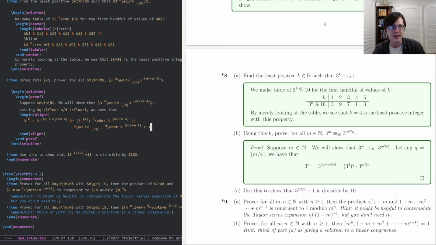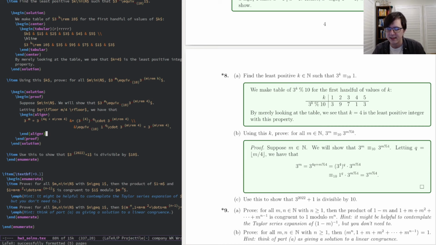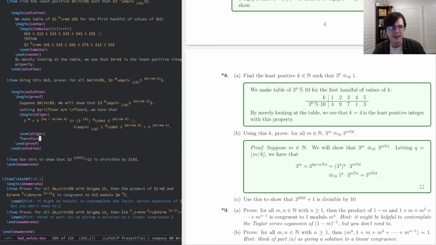And that is 3 to the power of m remainder 4. Yeah, so that's that. So we've got these equalities running through this congruence mod 10, so therefore we have shown what we wanted to show.